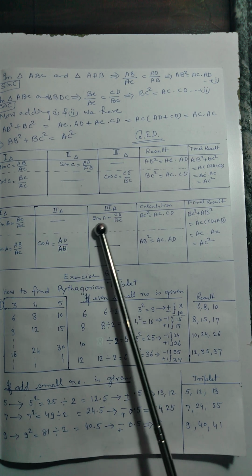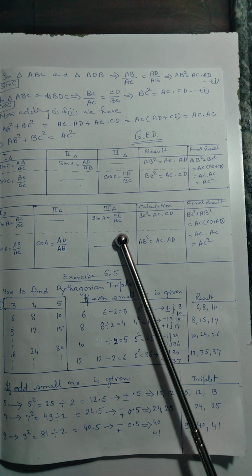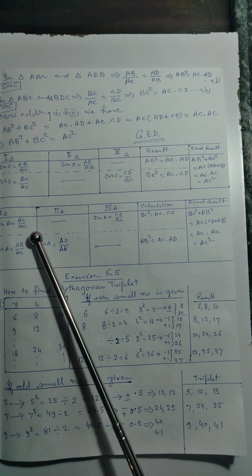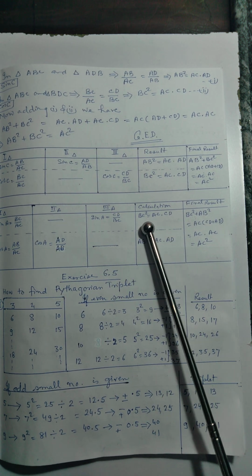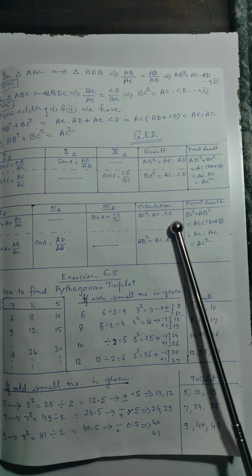Leave the second one, come to the third, sine of A will be equal to CD upon BC. Now cross multiply it, BC upon AC will be equal to CD upon BC. Just cross multiply it, you will get BC square is equal to AC into CD.